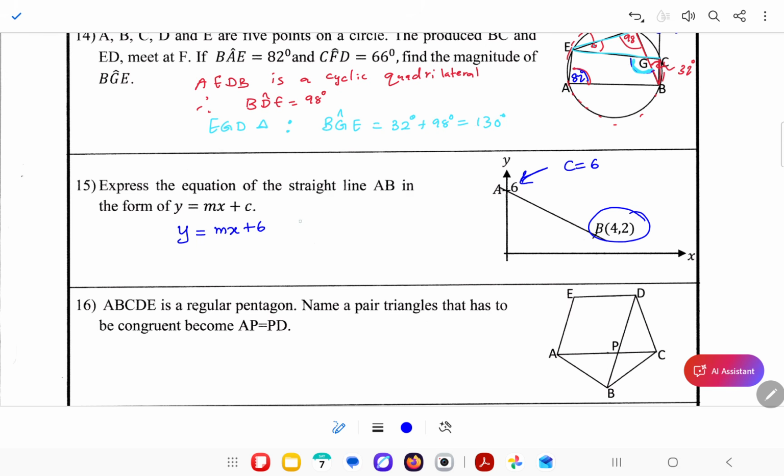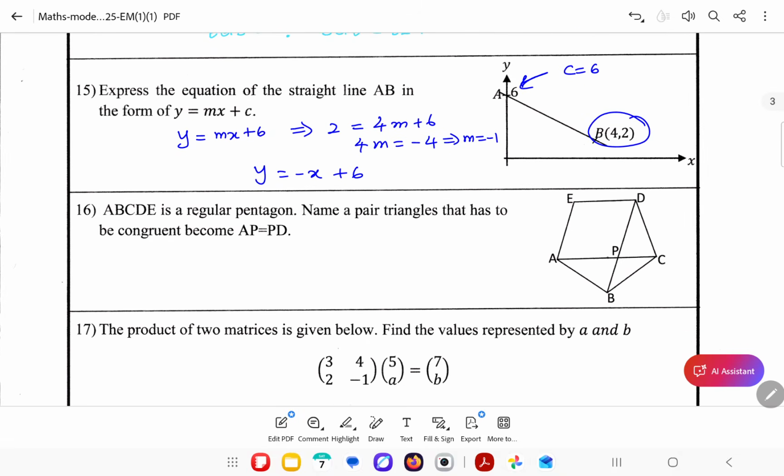So x is 4, y is 2. So 2 equals 4m plus 6. So then 4m equals minus 4. So m equals minus 1. So the equation is y equals minus x plus 6. Right.